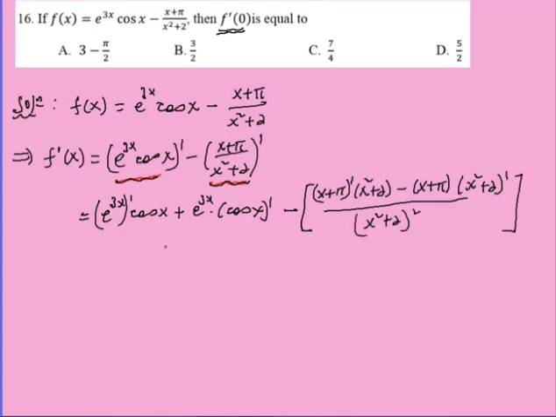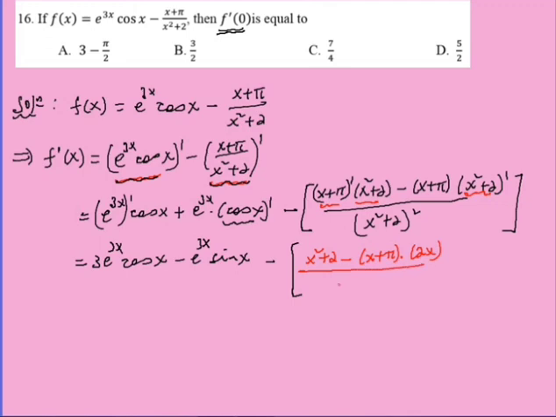So let us simplify it. This becomes 3 times e to the power of 3x cos x minus e to the power of 3x sin x, because the derivative of cos x is minus sin x, minus, in the bracket here, the x plus 1 derivative is 1. 1 times x squared plus 2 is x squared plus 2 itself, minus the derivative of this part is 2x, then it becomes (x plus pi) times 2x over (x squared plus 2) the whole square.